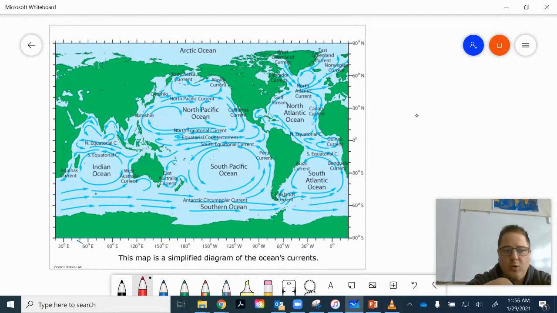From this cold Alaskan current up here, it's cold, so the water is not going to be very warm. This is our west coast. So I'm going to write the word west. And as you can see, the arrows are pointing down here. So what would it be like to swim in California?